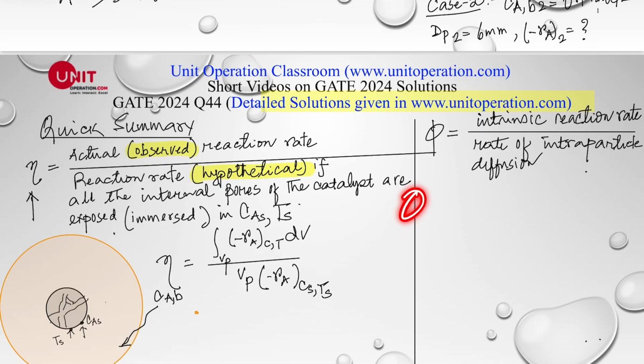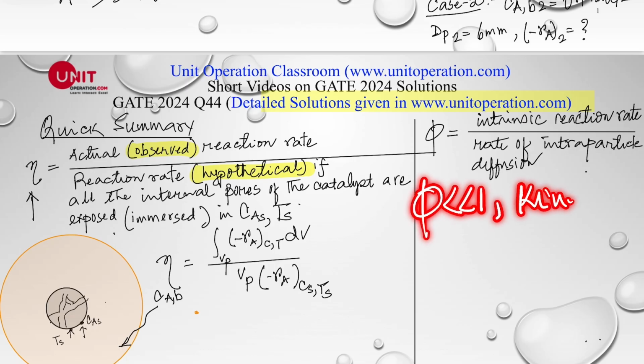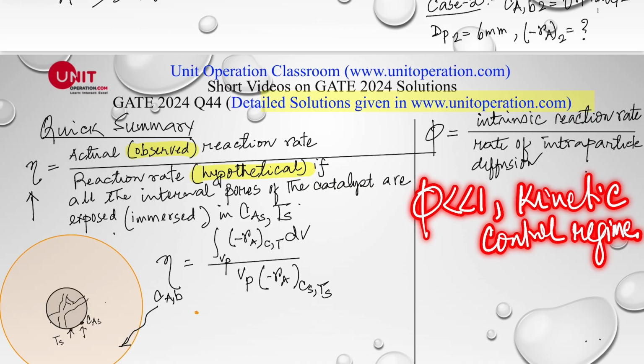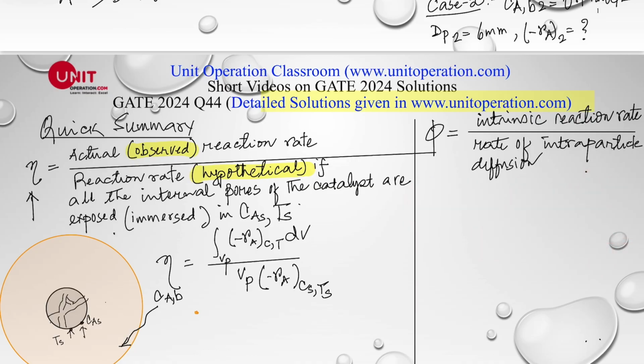So phi less than 1 is basically called the kinetic control regime, or intrinsic kinetics control.